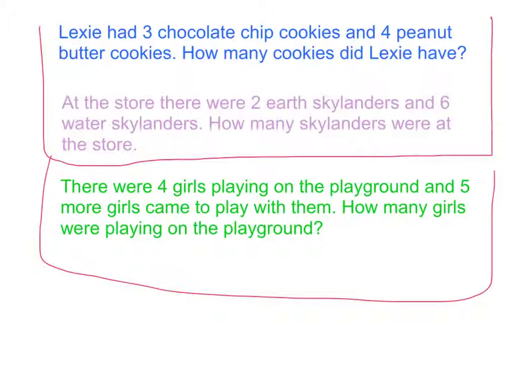And in the second one, there were some Earth Skylanders and some Water Skylanders, but they were just there. They existed together. There was no action. The first 2 problems here in these examples are put together, take apart problems with no action. The third problem here is a join or add to result unknown problem, the type with the action.